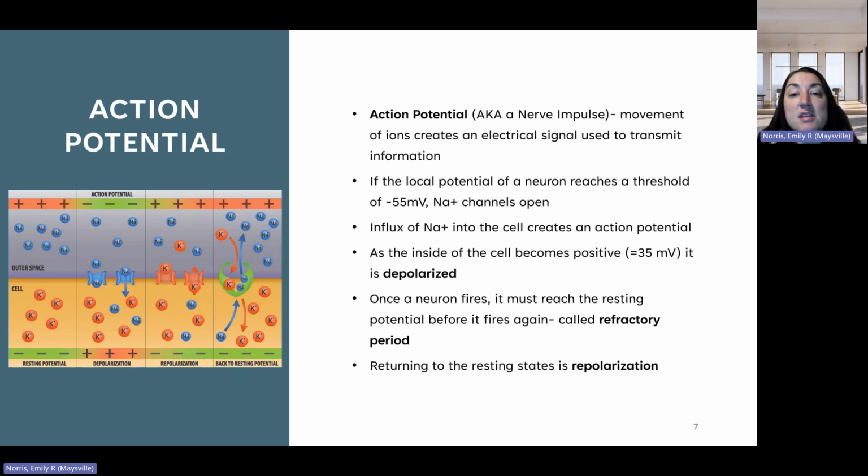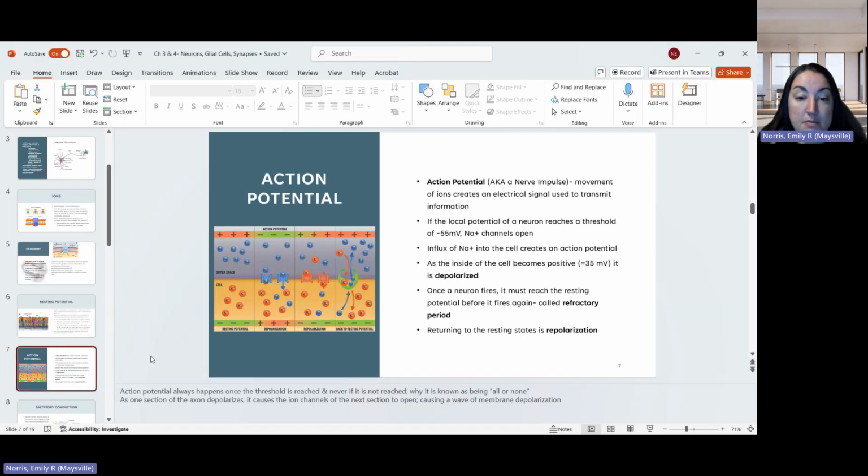And once the nerve impulse is passed through, then there is a period of recovery where repolarization is happening to return it to its resting state. This is an all or nothing principle where either an action potential happens or it doesn't. So it reaches the threshold and happens, or it doesn't reach the threshold and does not happen.